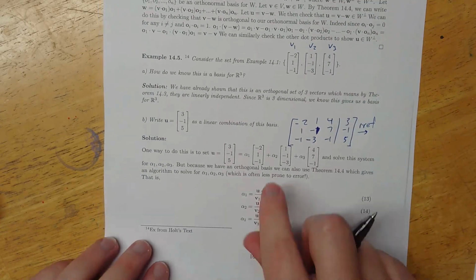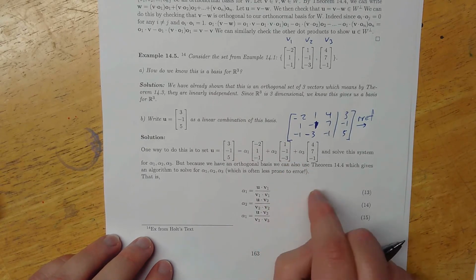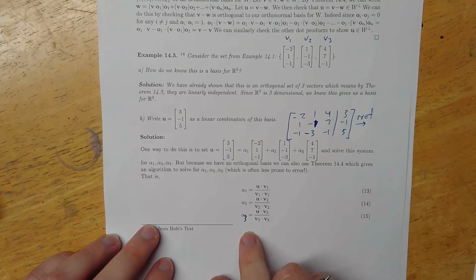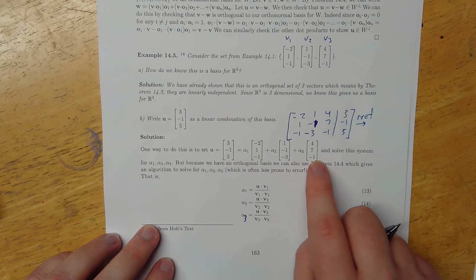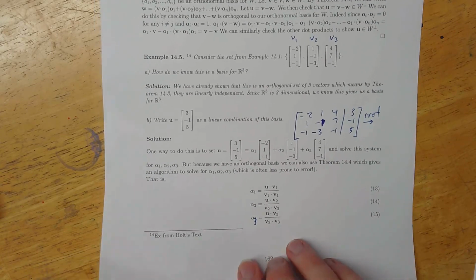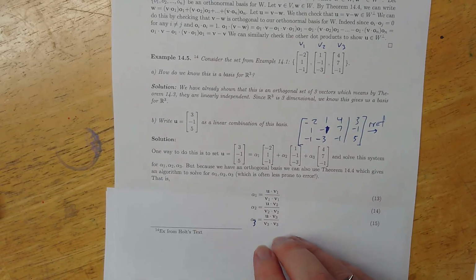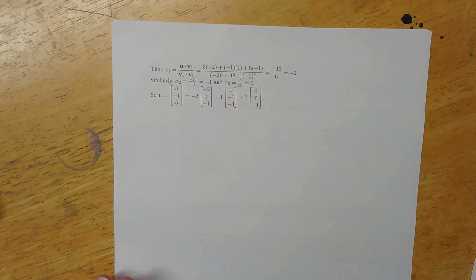We then find the second coefficient by taking u dotted with this vector and dividing by its length squared. And we find the third coefficient by taking u dotted with this vector and dividing by the length squared of this vector. And that gives us a way to find each of those.